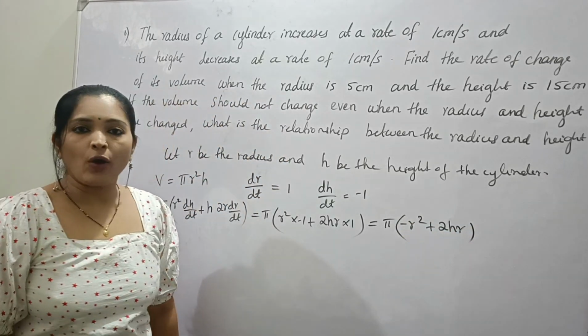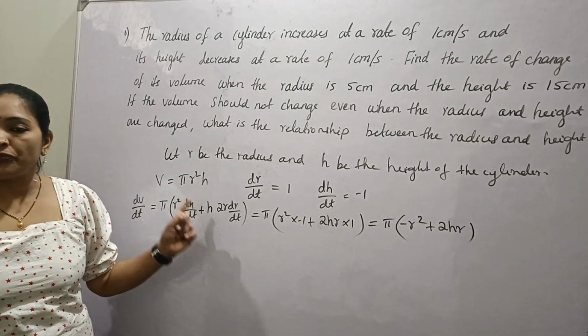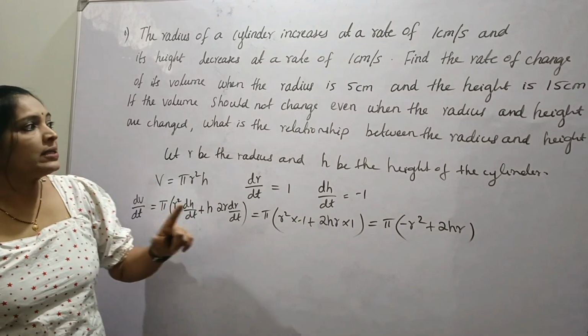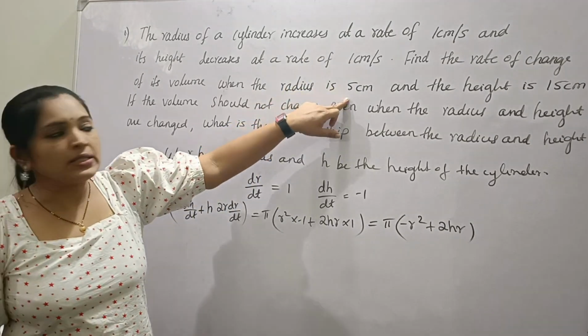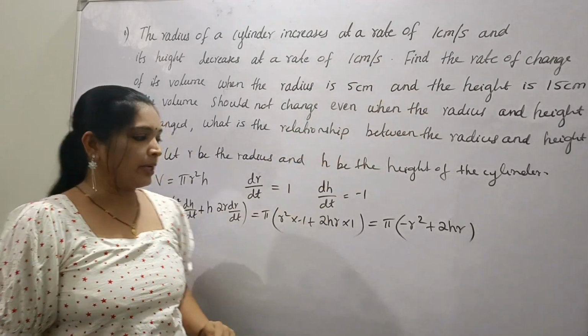Here we have to find the rate of change of volume with respect to time when the radius is 5 centimeter and height is 15 centimeter.